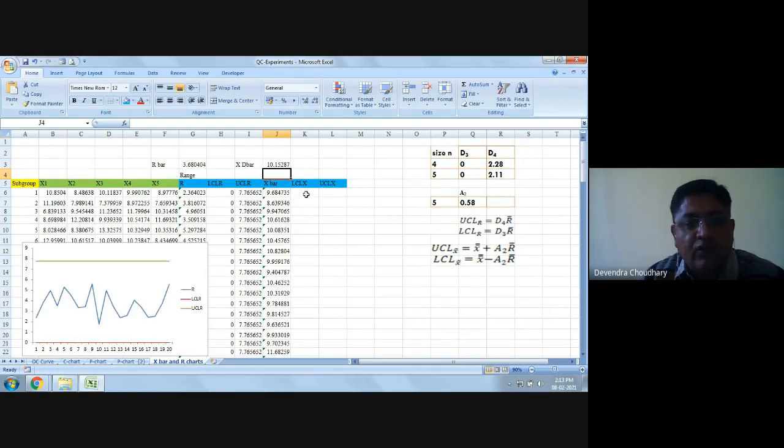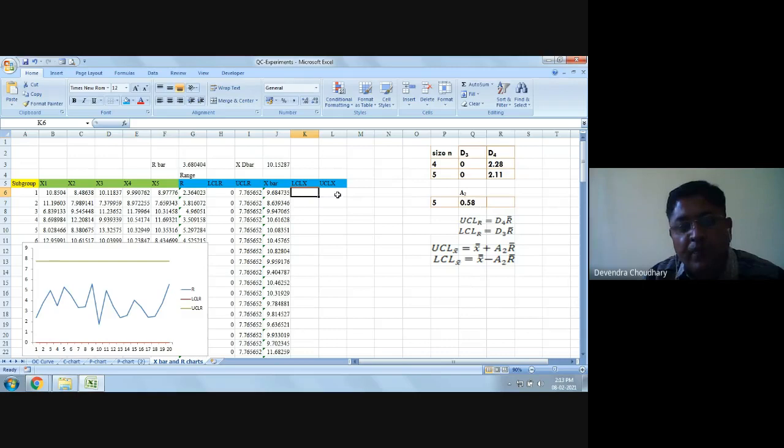Now lower control limit of X bar chart is given by this relationship: X double bar minus A2 R bar, where A2 corresponding to sample size 5 is 0.58.